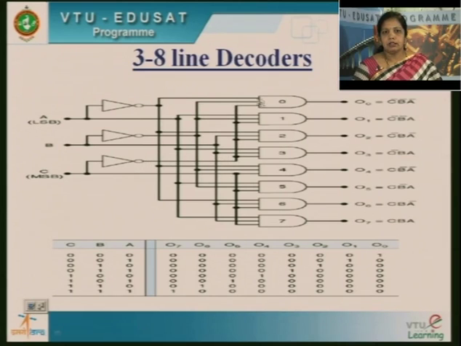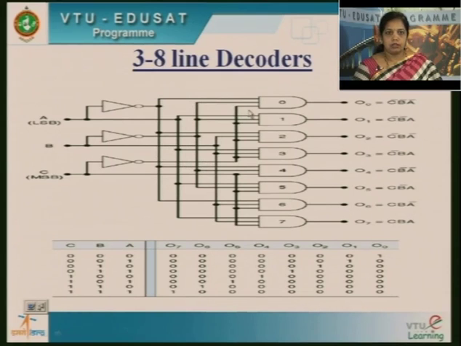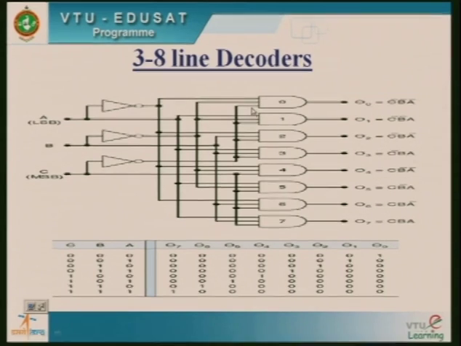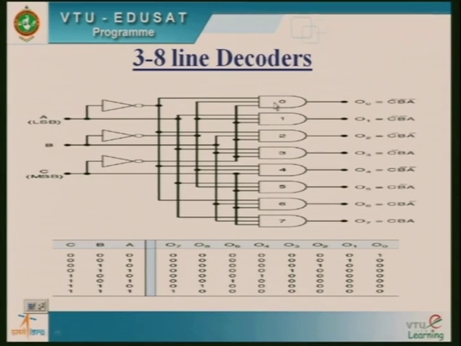This line is connected to C, this to B, output of the inverter, B line, A line 1, this becomes 1 and this becomes logic 1. So all of the inputs to this will be logic 1. So input of this AND gate is logic 1.